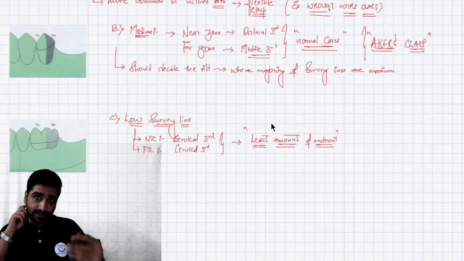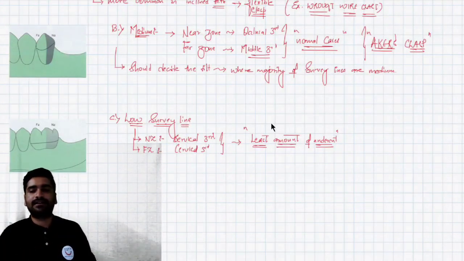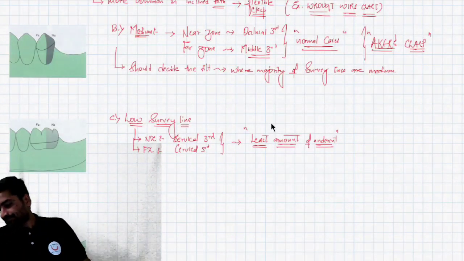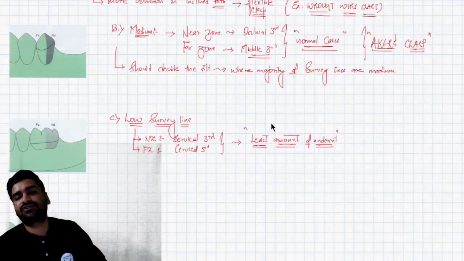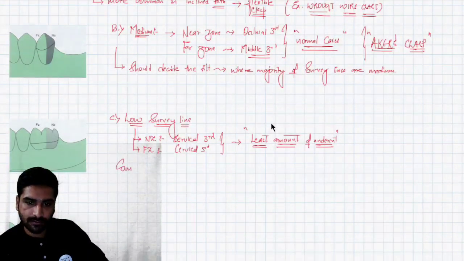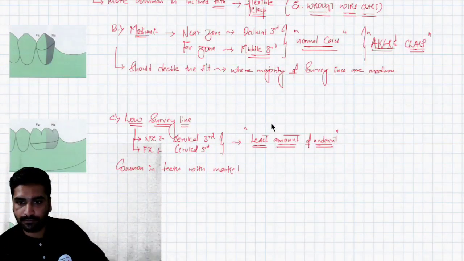The amount of undercut in this type of survey line is going to be very less. See, as I told you earlier, higher the survey line, more the undercut, lower the survey line, less the undercut, right? Now again, this type of survey line is also common in teeth with marked inclination.